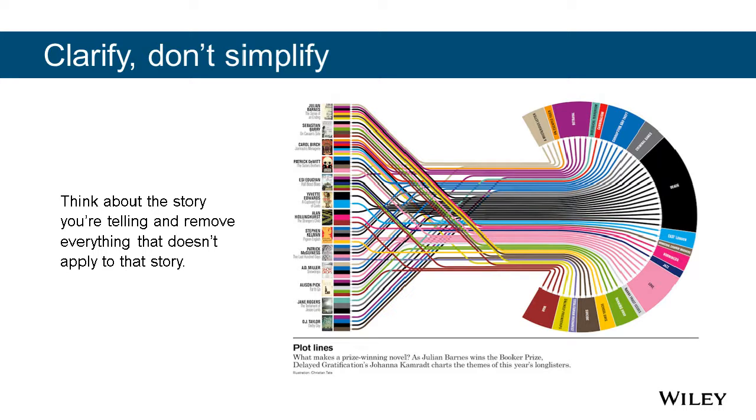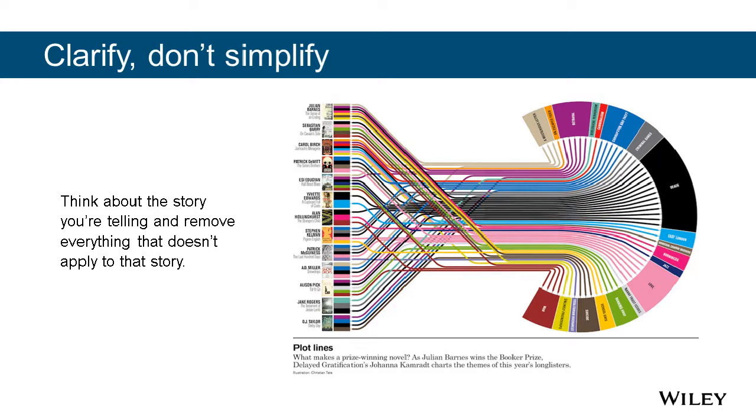So what I like to do is encourage thinking about data visualization as clarifying rather than simplifying. A data visualization is not meant to be a representation of all the data that you've collected. It's a representation of a particular story or a particular conclusion that you are trying to make. And that means removing everything that doesn't apply to that story.